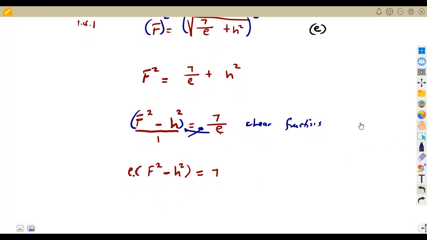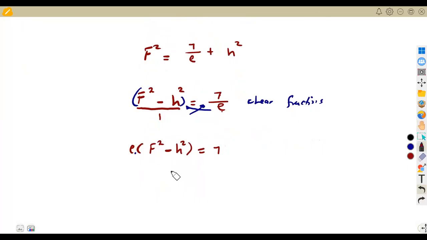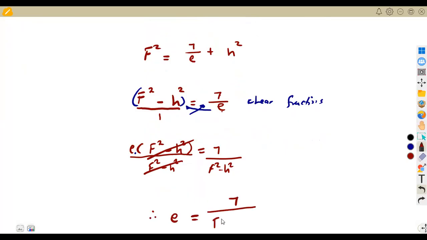So how do you remove the bracket that is multiplying? You simply divide by that bracket. So if we divide by f squared minus h squared both sides, we are going to remain with e. So therefore, our e is going to be equal to 7 over f squared minus h squared.